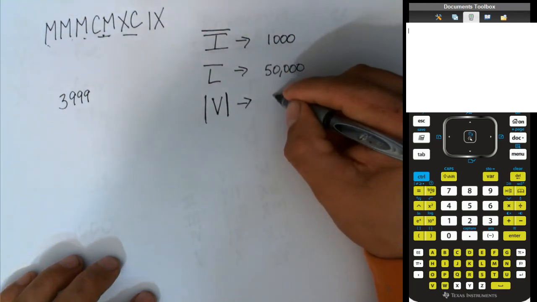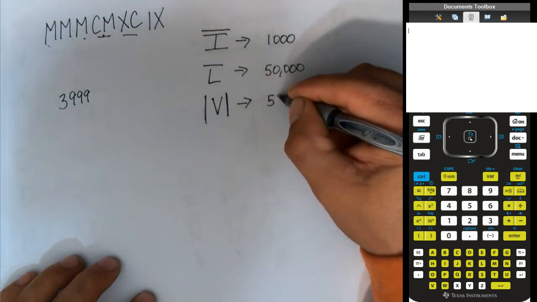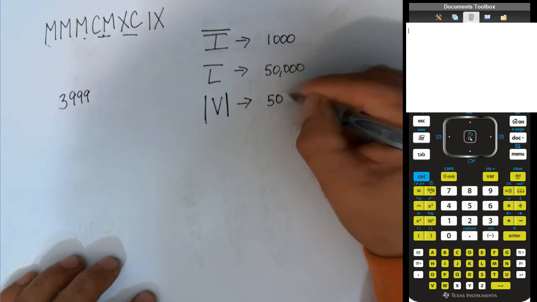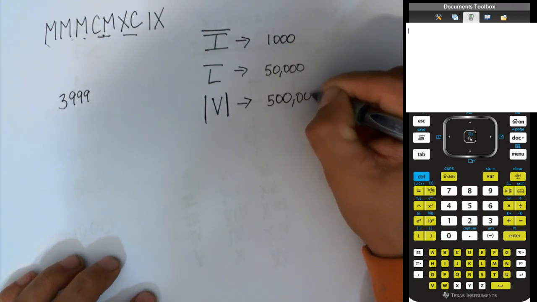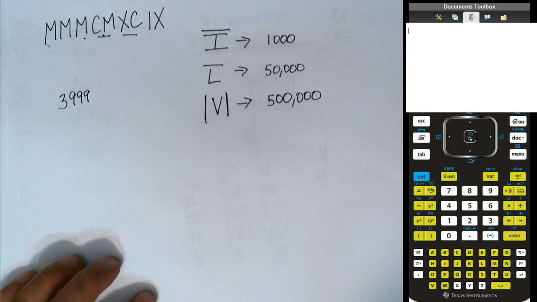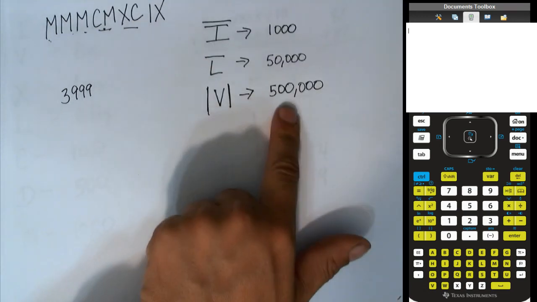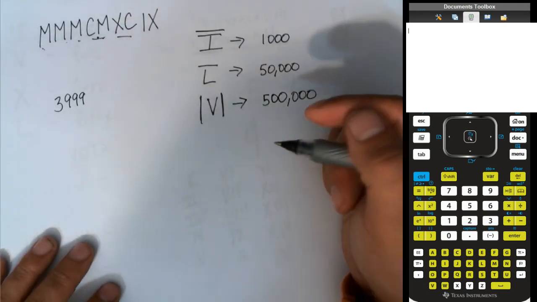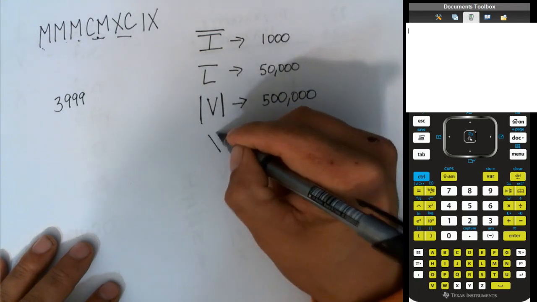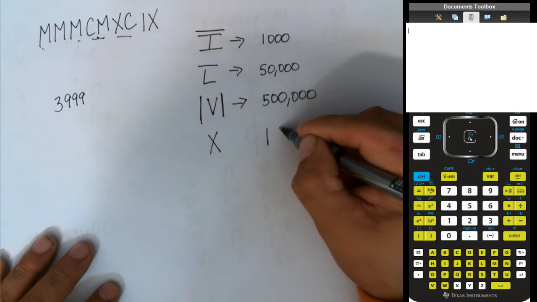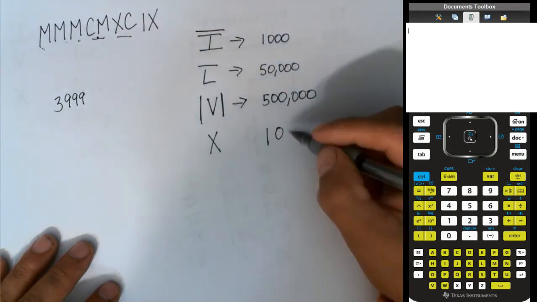So this is V with 5 zeros, 500,000. So a million would be X with 5 zeros.